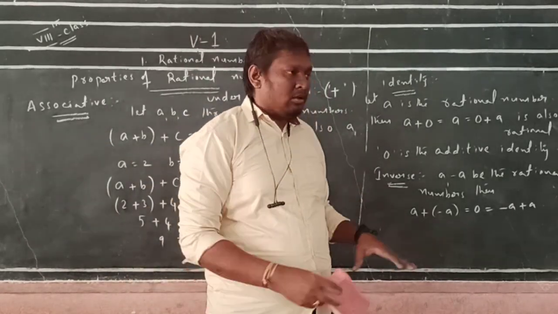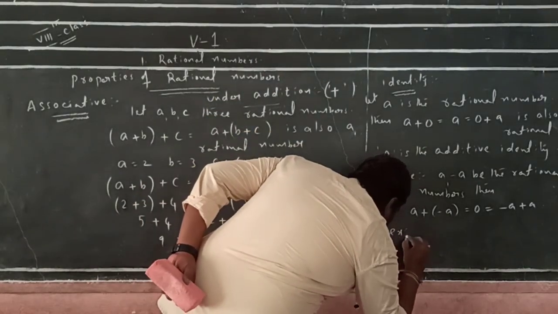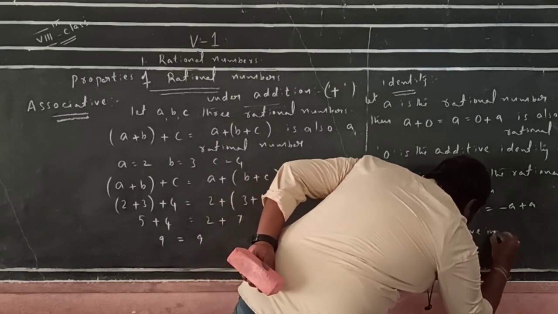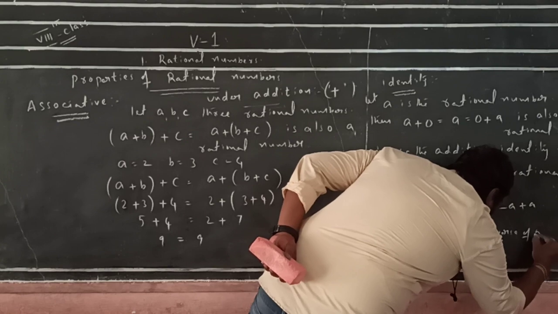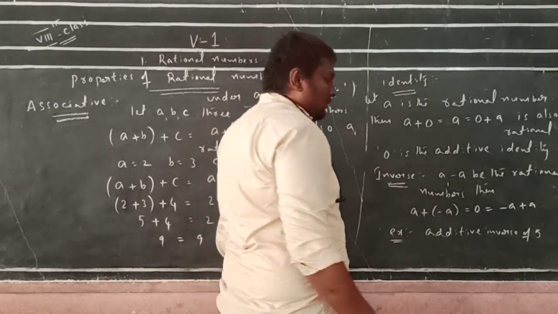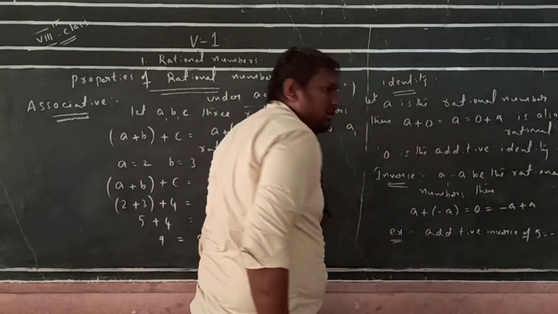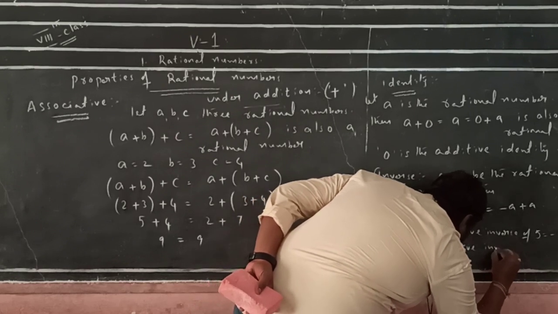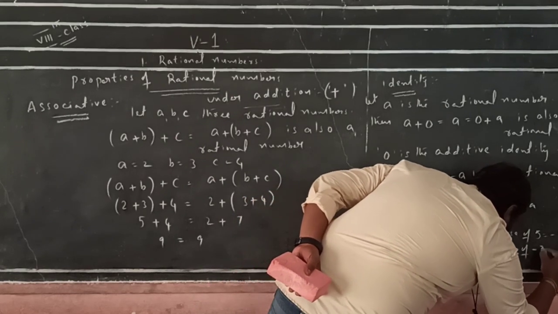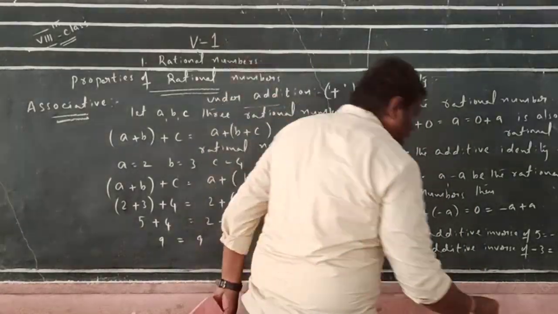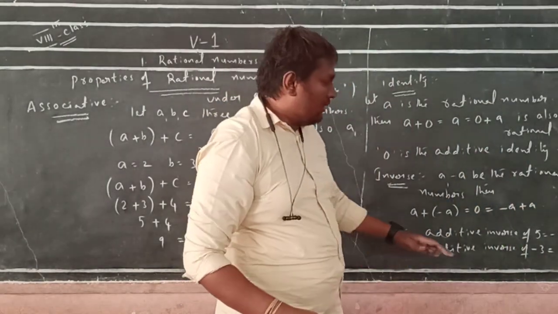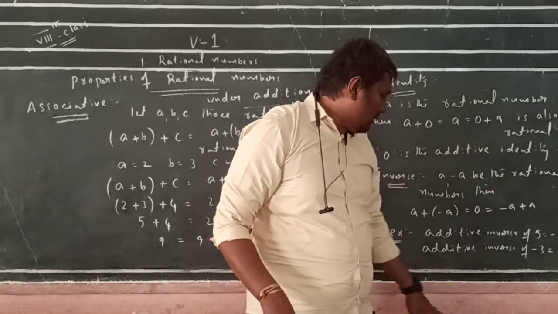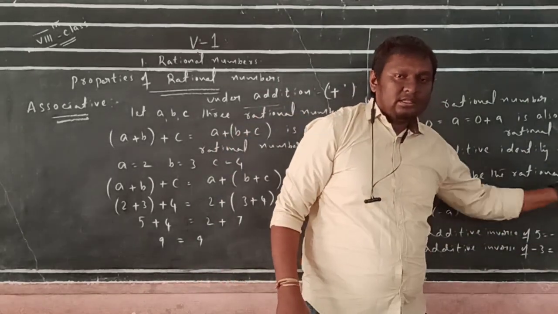For example, the additive inverse of 5: what is it? Just take minus 5. The additive inverse of minus 3: what is that? It is 3. Just take the opposite sign. The additive inverse of 5 is minus 5, and the additive inverse of minus 3 is 3.